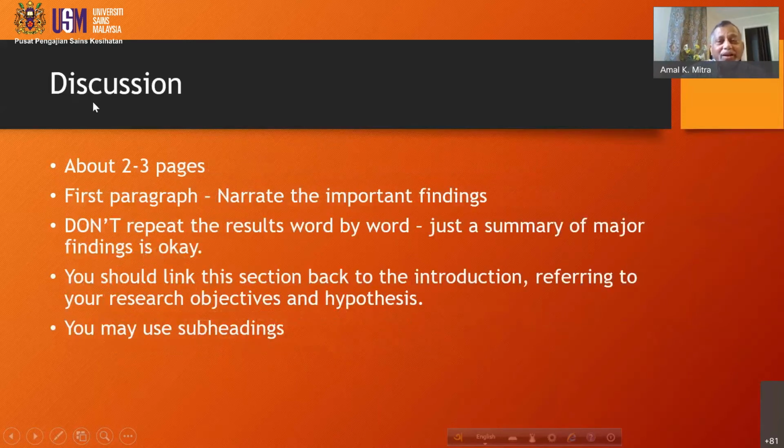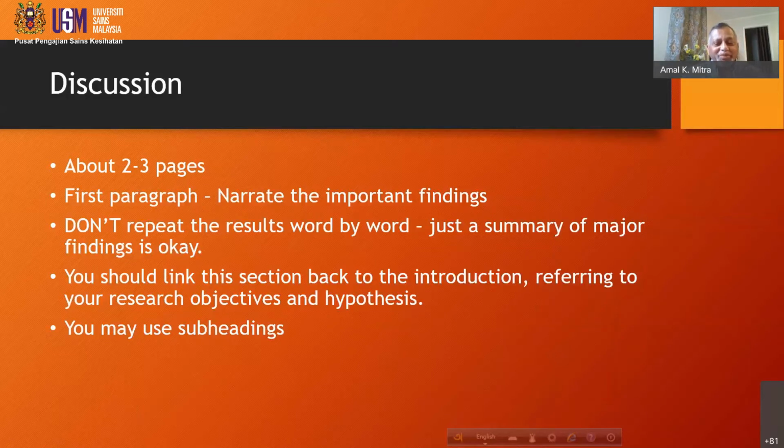Now, the large part and quite strong part and quite difficult part is the discussion section. I would say the most difficult part of the paper to write is the discussion section. I've seen many people make it a short discussion.